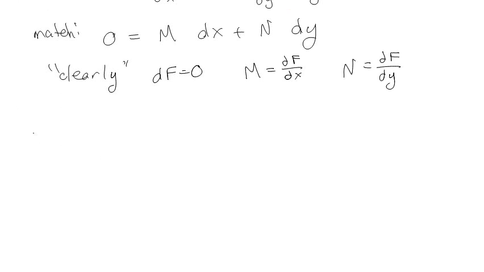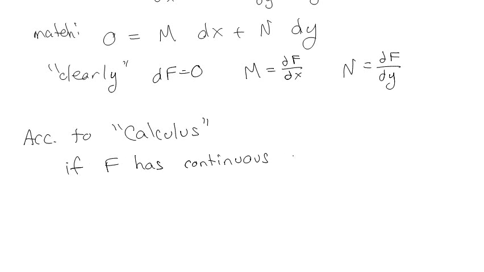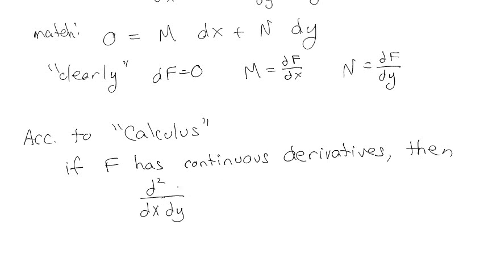Now, we know from calculus, according to the calculus monster, that if F is continuous, or has continuous derivatives, which is important to our assumptions, because we can't really have diffy q's if we don't have continuous derivatives at some point, then the idea is if I do the partial with respect to x and then the partial with respect to y, it has to be the same thing as if I do the partial with respect to y and then the partial with respect to x.